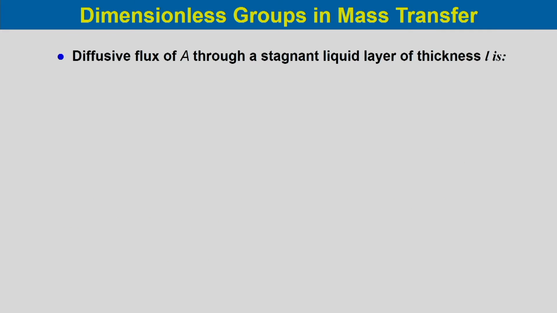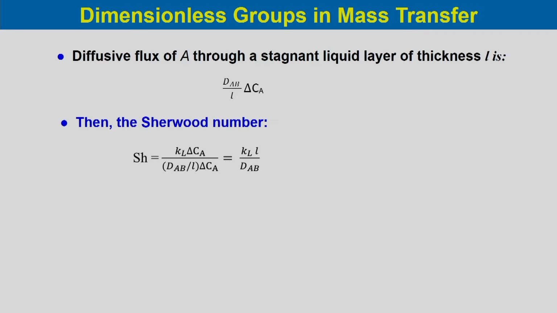Now, the diffusive flux of A through a stagnant liquid layer of thickness L we can write as DAB by L into delta CA. So, the Sherwood number we can calculate as kL delta CA divided by DAB by L into delta CA, which will lead to kL L by DAB. It is the Sherwood number, which is the analogous number of the heat transfer, that is the Nusselt number.